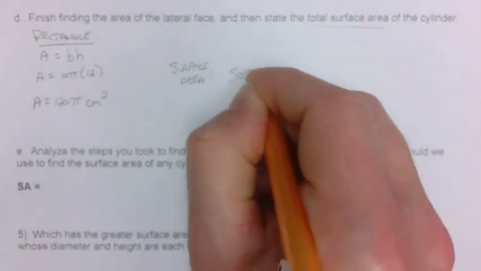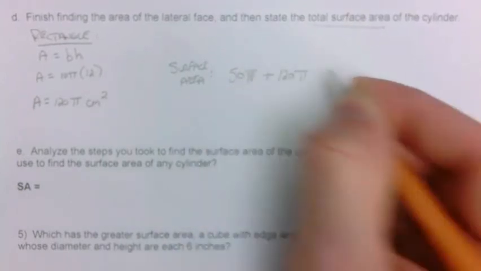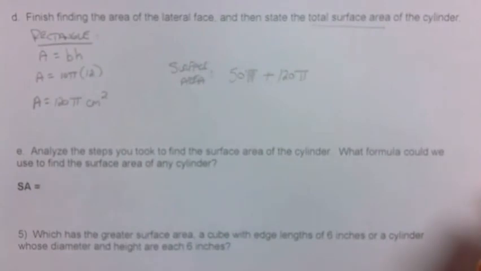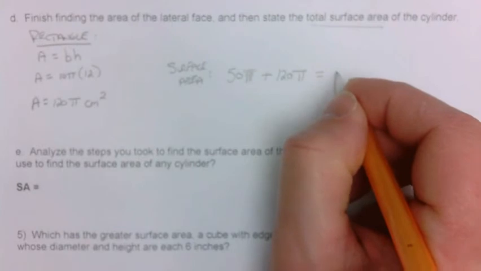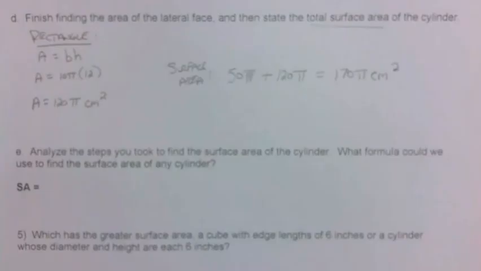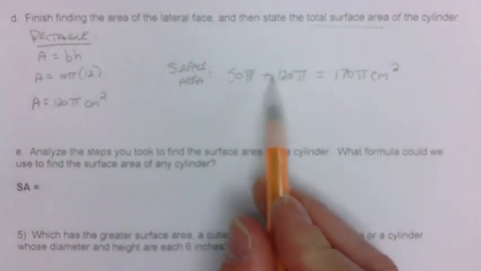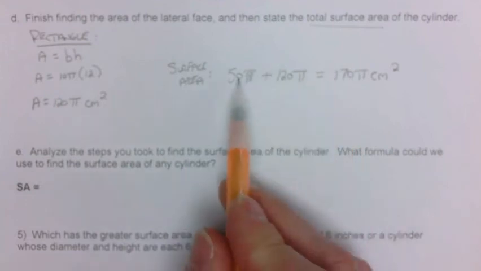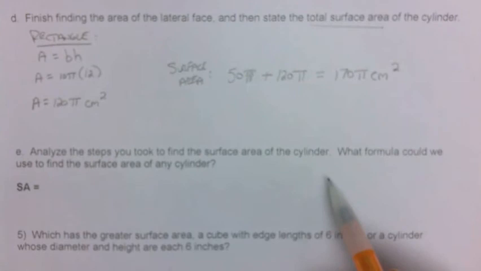I forgot to put pi on there. 50 pi were the circles, plus 120 pi square centimeters for the lateral surface area. And that is going to give us a total surface area of 170 pi square centimeters. Okay, again, when these are in terms of pi, I can add the numbers together. 50 plus 120 is 170, so 50 pi plus 120 pi is 170 pi. That is the surface area of our cylinder.